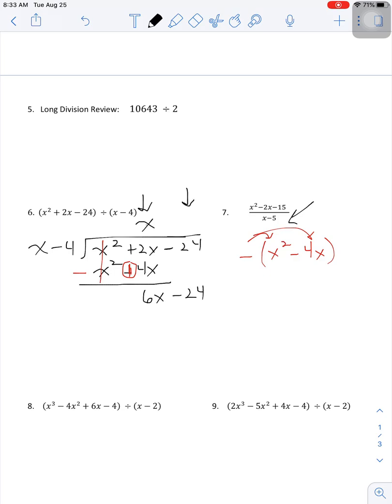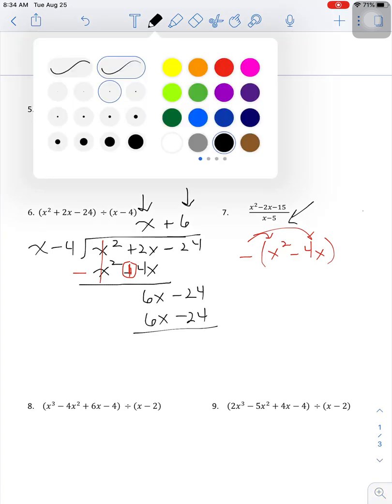What times x gives you 6x? A positive 6 does. So 6 times x is 6x. 6 times negative 4 is a negative 24. And then we have to subtract.